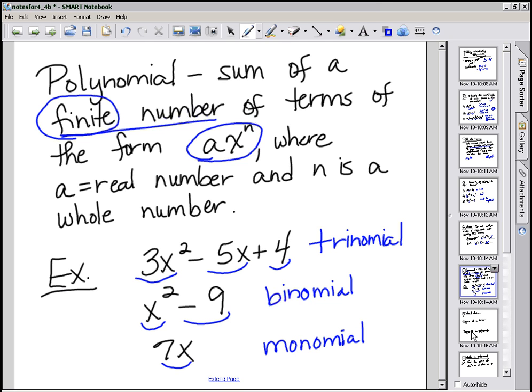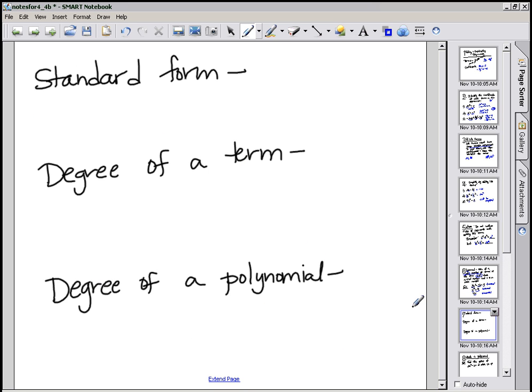Now some things about polynomials that you should know. There is a standard form of a polynomial. If I have a polynomial written as 4x minus 2x squared plus 3, this is not the standard form. The standard form has the powers descending. So we write it with the highest power first.